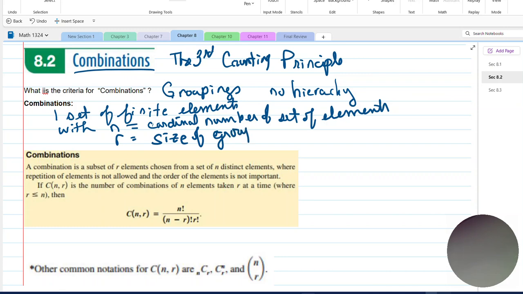It can be equal to n, but not greater than n. Sorry about that.